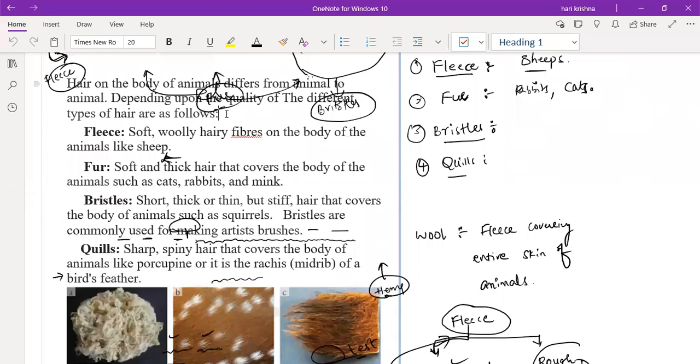The different animals here. How will you feel when you touch the fleece?